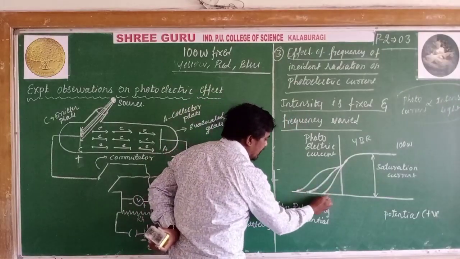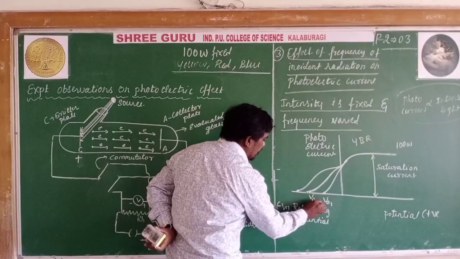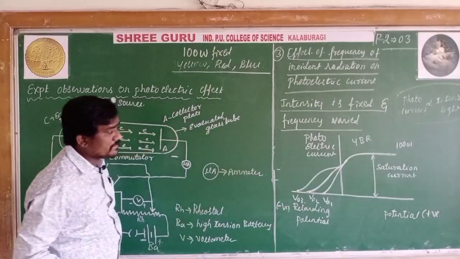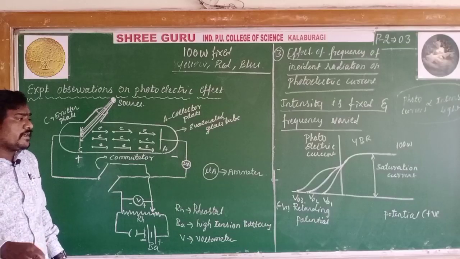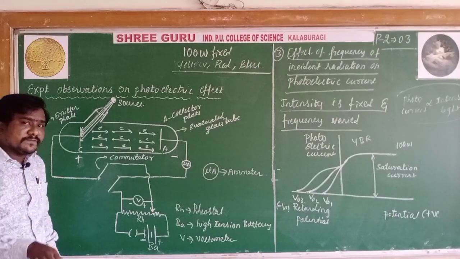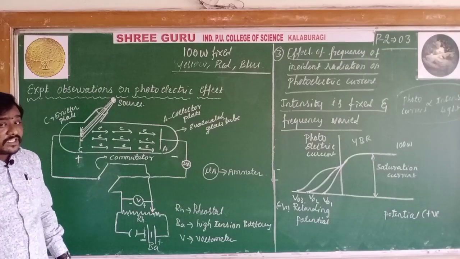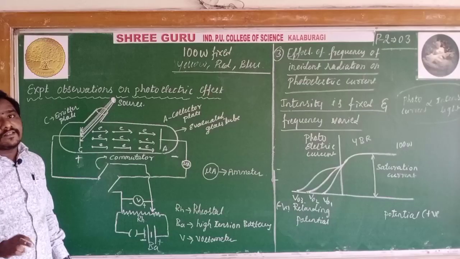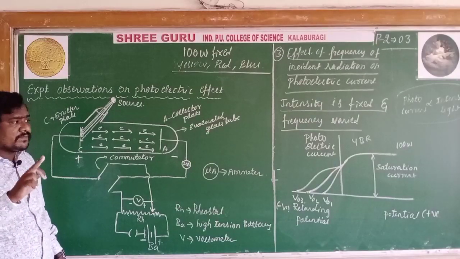This retardation, the stopping potential, is different for different colors. The stopping potential is different for different frequencies, but the stopping potential is the same for the same frequency of light, even at different intensity.